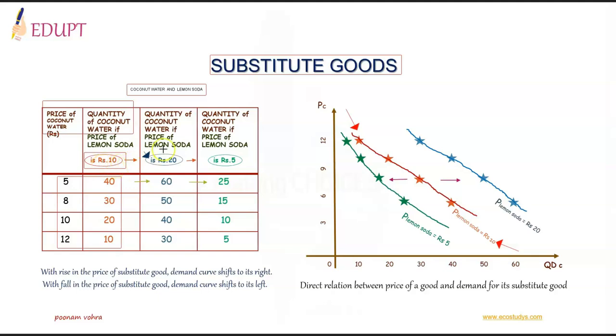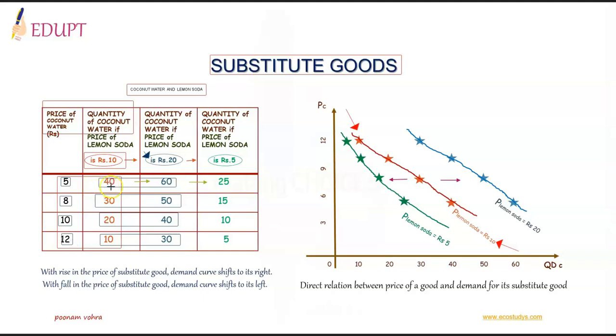So quantity demanded of coconut water increases from 40 to 60 at price rupees 5 per unit, from 30 to 50 units when price is rupees 8 per unit, from 20 to 40 units when price is rupees 10 per unit, and from 10 to 30 units when price is rupees 12 per unit.